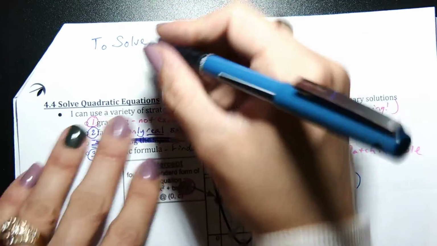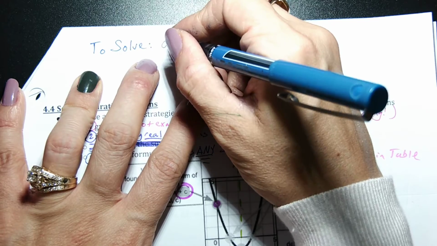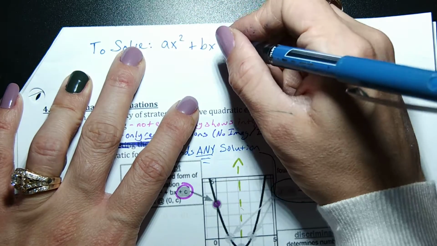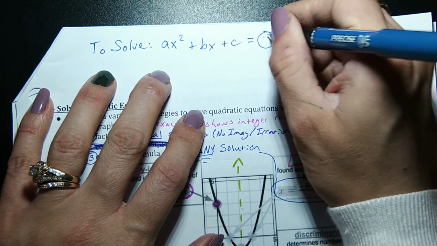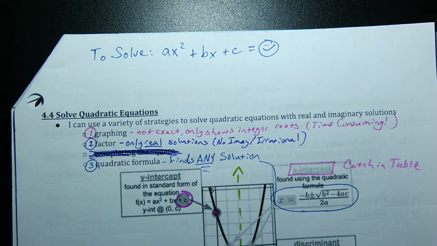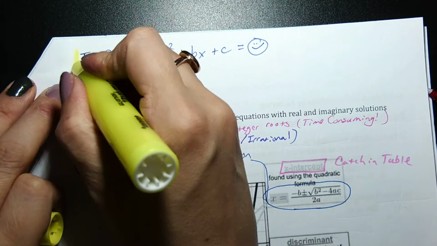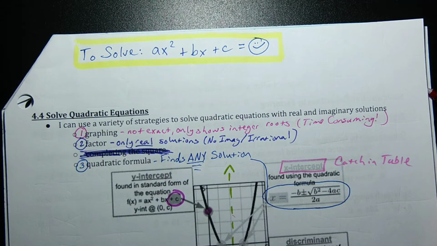So first, to solve using any of these methods, the quadratic needs to be in standard form, ax squared plus bx plus c equals 0. So to solve using any of these methods, we want this.